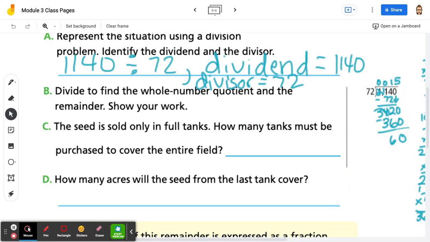So that means we are going to need 16 tanks, because 15 full plus the remainder. Then it says, how many acres will the seed from the last tank cover? And that will be the 60 acres.